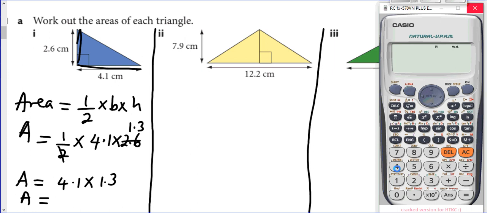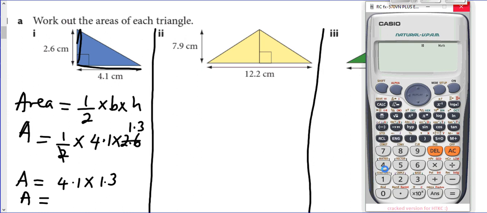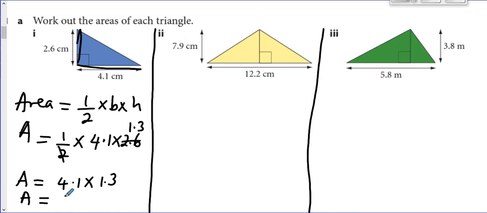The answer you get will be in centimeter square, okay? So when you do that using your calculator, you'll see that 4.1 times 1.3 will be equal to somewhere around 5.33 centimeter square.